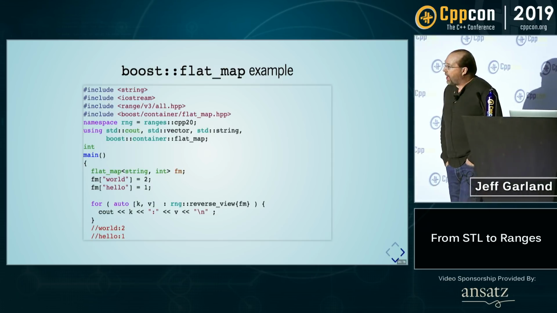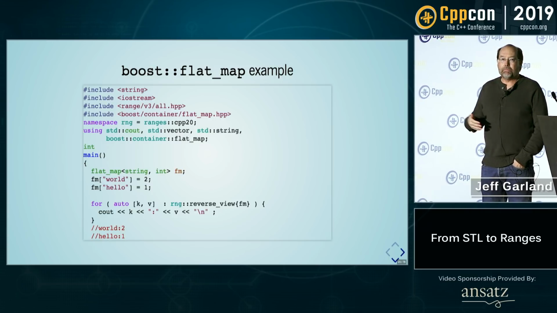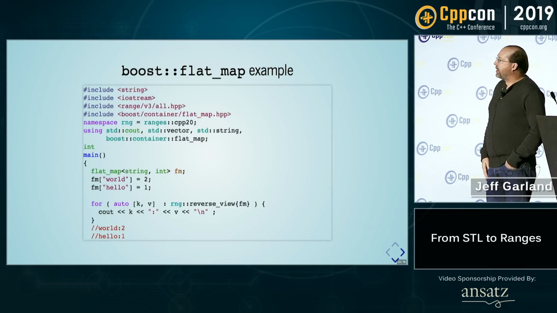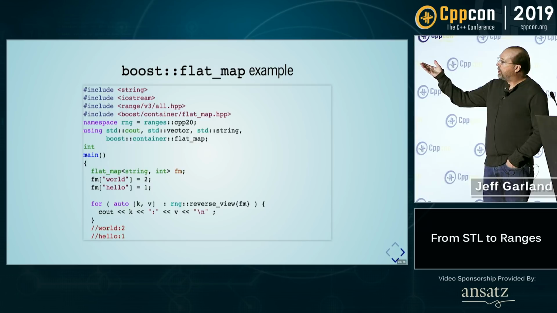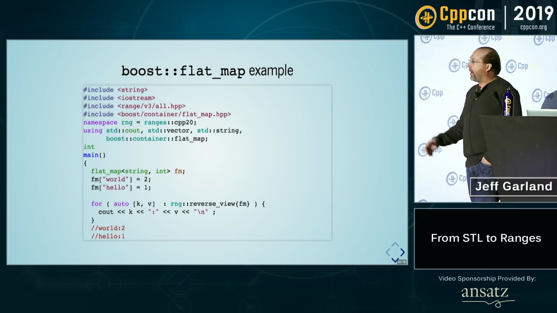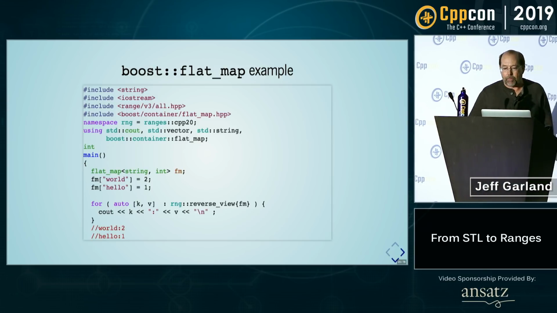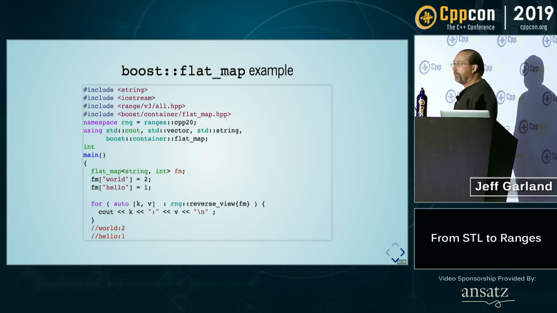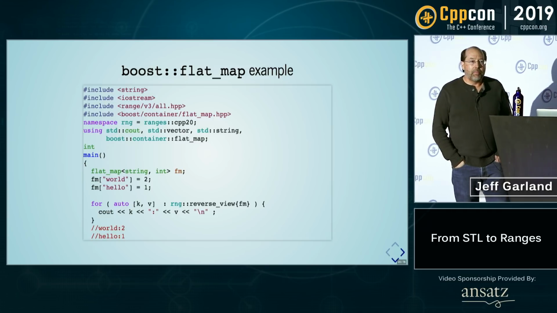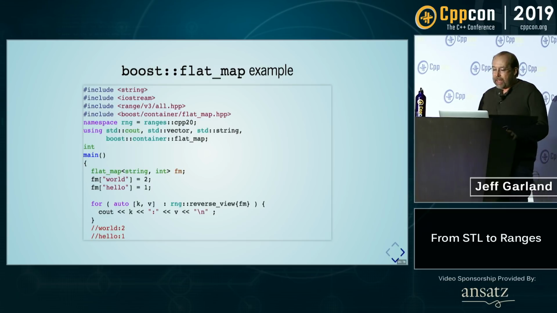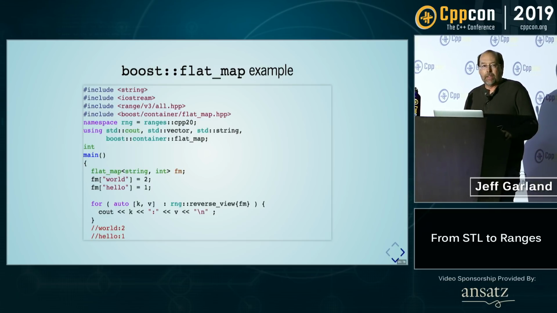So what I have here is an example where boost flat_map, which is not rangified in any way, I construct the flat_map, I put a couple of elements in it, and as you see here in the for loop, I get out the key and the value by calling this thing reverse view. I wrap reverse view around the flat_map instance and then iterate over it and print out the key and the value. So that's one of the most powerful and amazing things is that we're actually extending all of the libraries that we already have that follow the conventions that we've had all along.